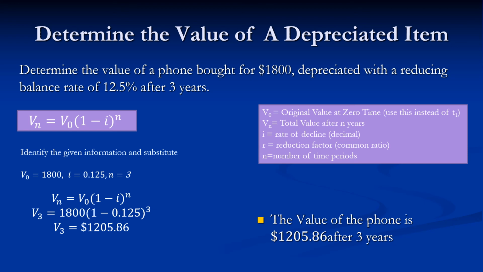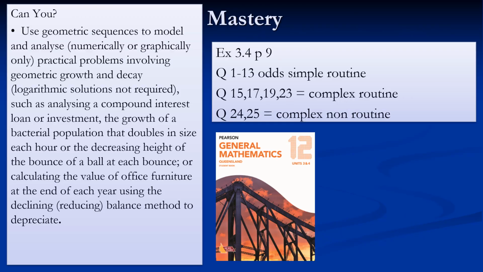So we've got our original amount, and then we've got an interest rate, and then we've got the number of years. There we go. And then we just sub that into the formula, and it will spit out the answer, and the value of that phone then is $1,205.86 after 3 years.